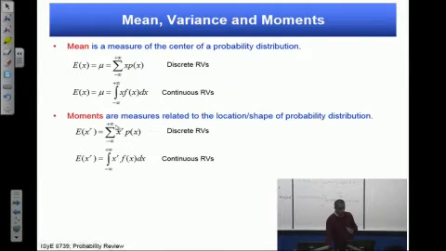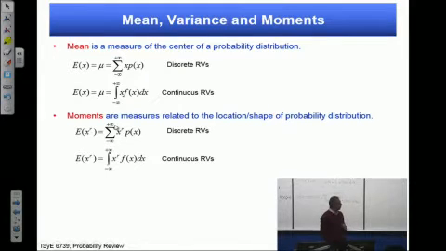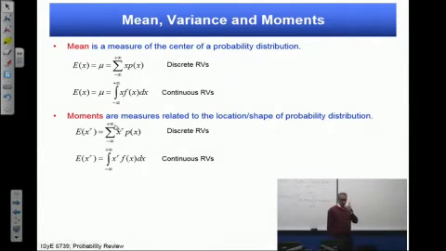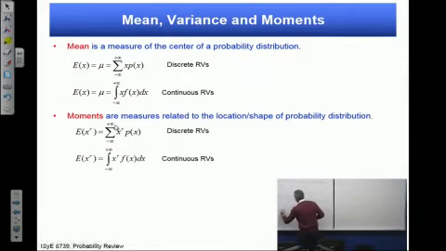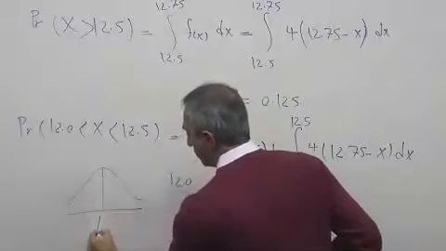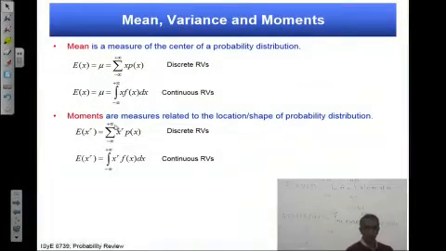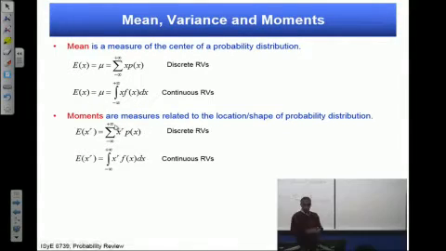We also have another definition, which is called moments. These moments are used later on for estimation as well. The mean shows the center of your distribution, like a normal distribution. Those moments are related to location, shape, and also spread.